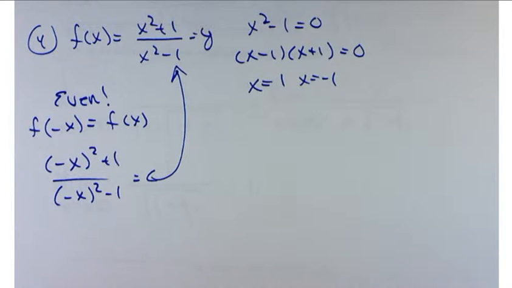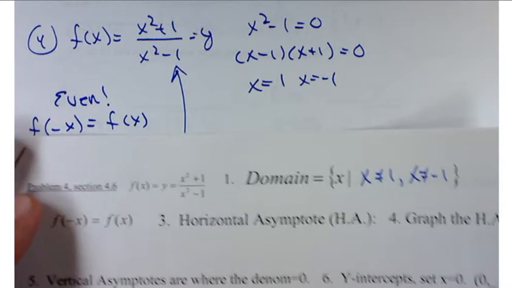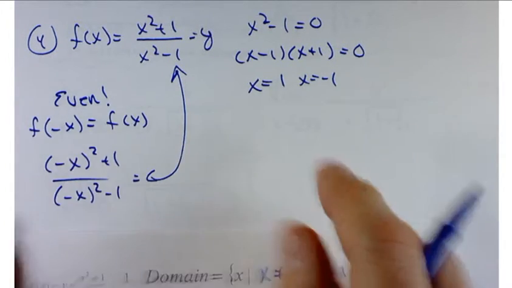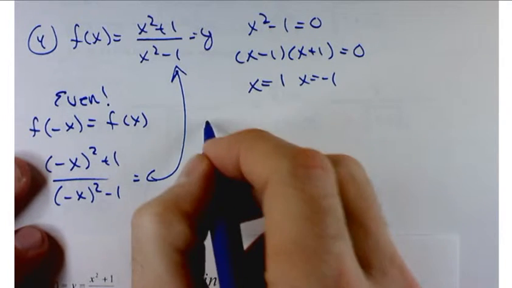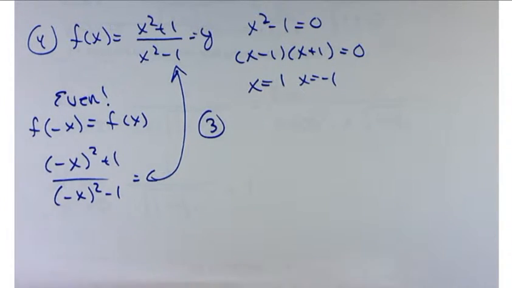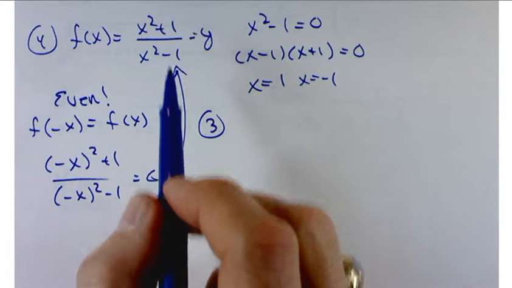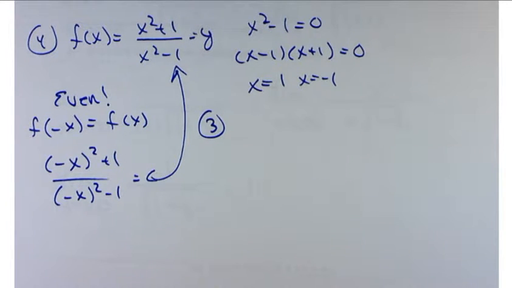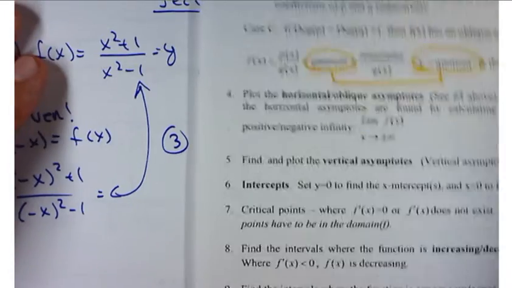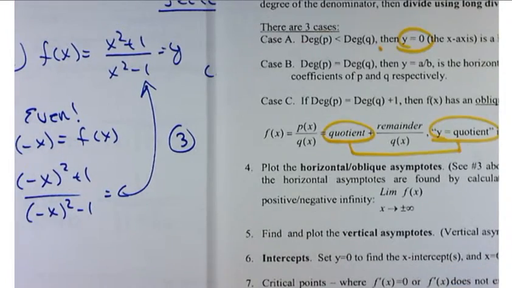Now, let's get down to some of the more important stuff. Some of the stuff that's really going to be handy. This is a rational function. What case are we dealing with on our handout? Case B, right? The degree of the numerator equals the degree of the denominator.